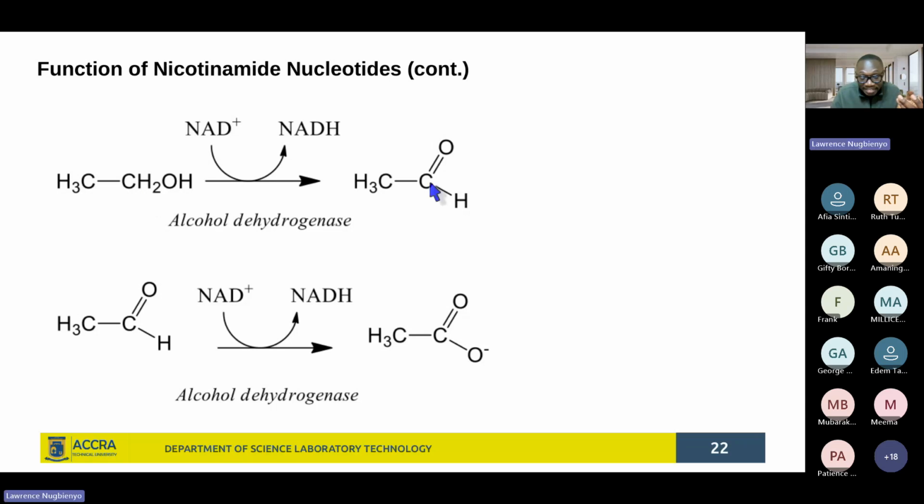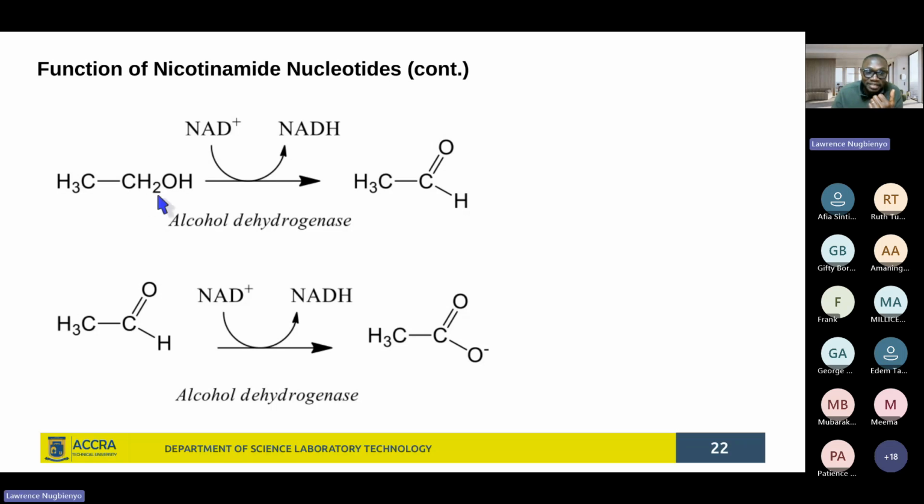And that formaldehyde, when it gets oxidized further, will give you what? Formic acid, also toxic. Now, from the beginning, I was saying that when the number of carbons increase, toxicity should increase, which means ethanol should be expected to be more toxic than methanol.